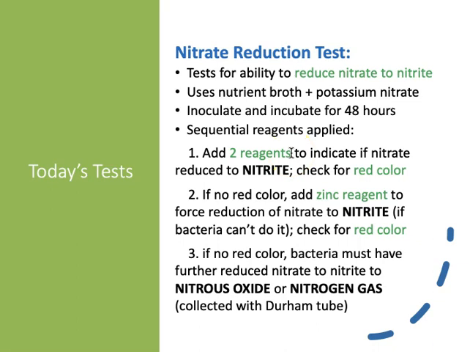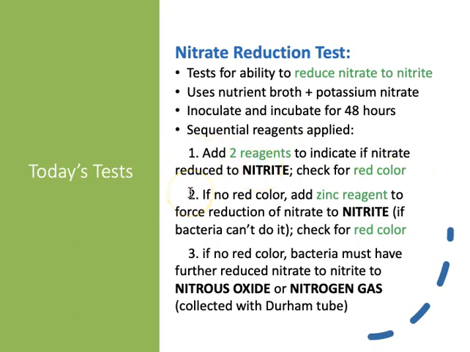We typically refer to them as reagent A and reagent B. These are actual chemical compounds, but for ease of speech, we refer to them as A and B. We add those reagents into the tube and we look for a red color change. If the tube turns red with the addition of these reagents, it means that the nitrate in the broth was reduced to nitrite.